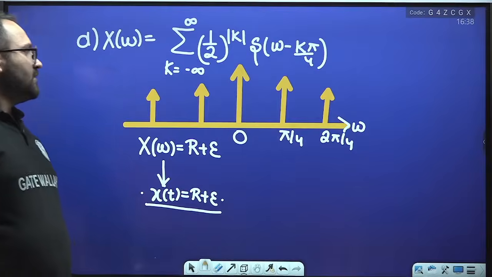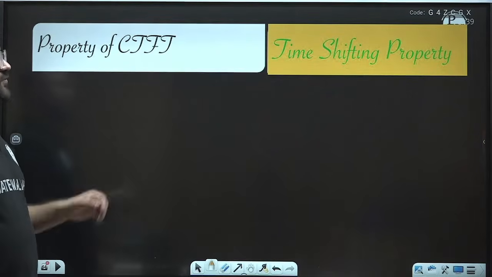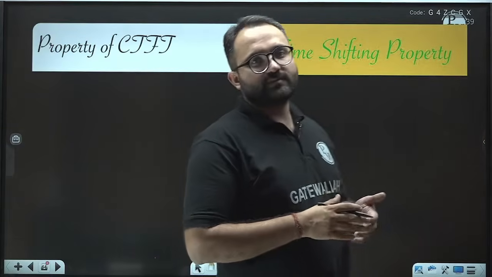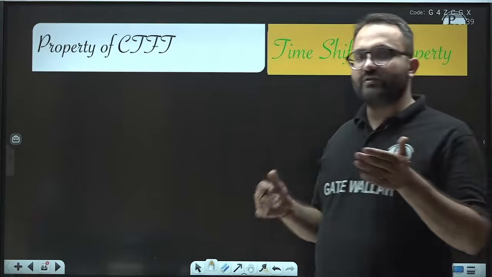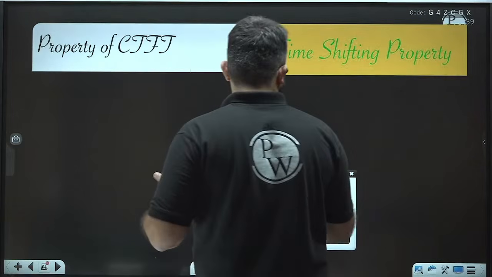Okay, now let's come to the other properties. If you recall the time shifting property of Fourier series, we remember the concept that in time shifting the effect goes with the opposite sign. The same concept is used here also.